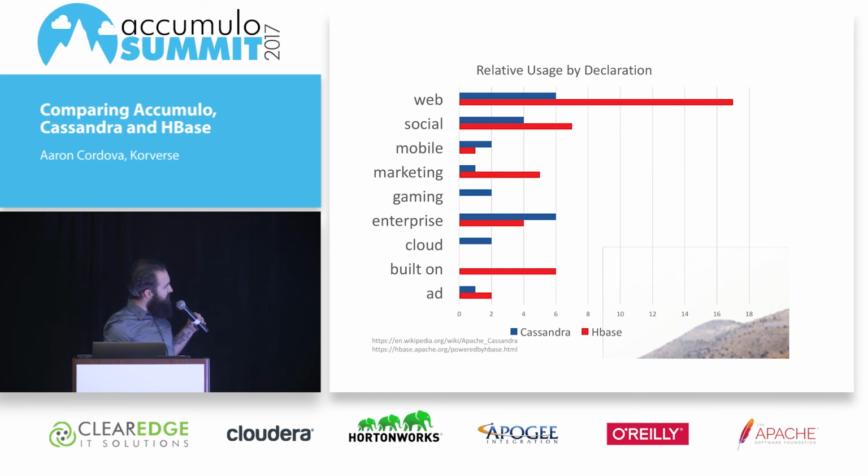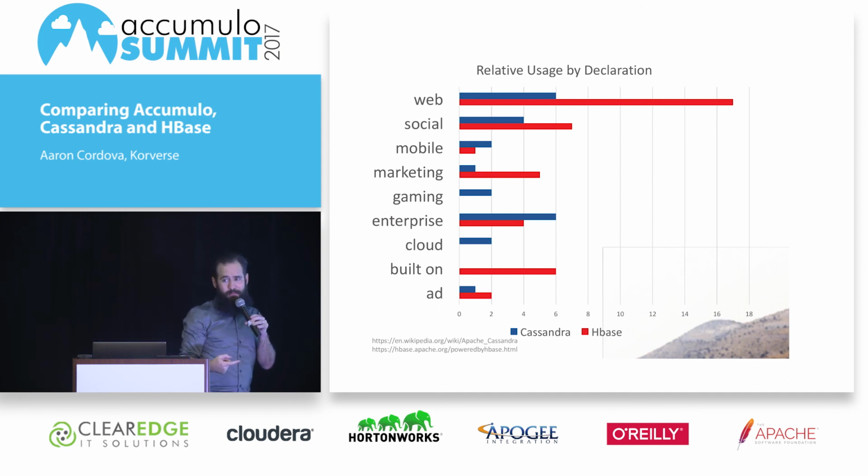Cassandra has somewhat of a similar profile, not quite the same. It's used much more in enterprise. My hypothesis is some people are using Cassandra as a relational database replacement, and it's less of a laughable proposition when you realize that CQL allows you to use Cassandra somewhat similarly to how you were using relational databases.